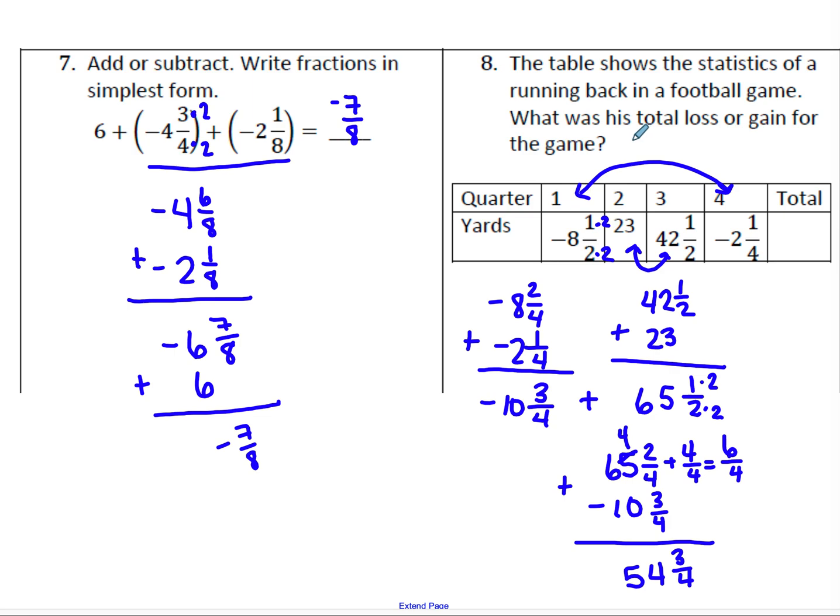So what was his total loss or gain for the game? 54 3/4 yards gained. It's a gain because it's a positive number. So that's my answer right there, 54 3/4 yards gained.